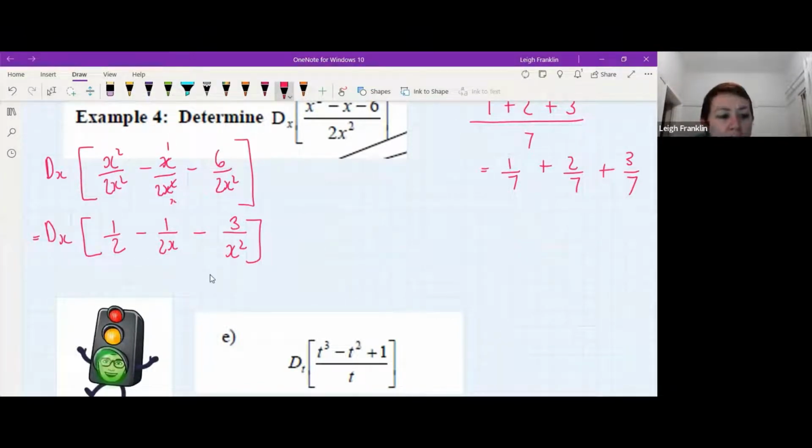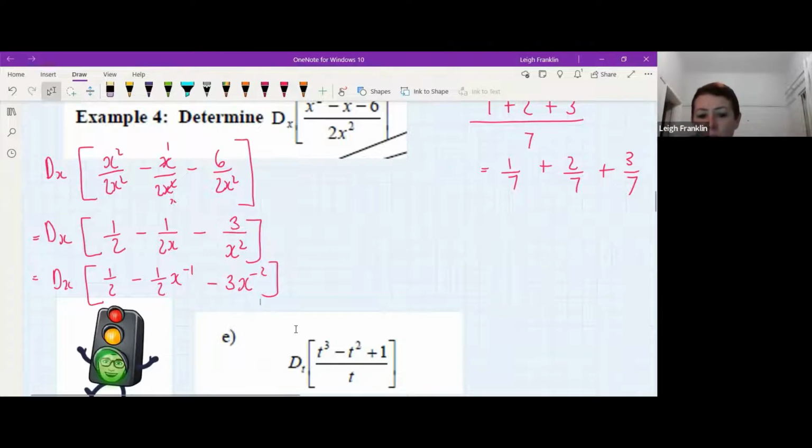But I'm not ready to differentiate because I cannot have my variables in the denominator. So I have to move them to the numerator before I differentiate. So I'm keeping my dx, I'm keeping my square bracket, and I'm writing 1 over 2 minus, and I'm separating the coefficient, taking the variable to the numerator and changing the sign of my exponent.